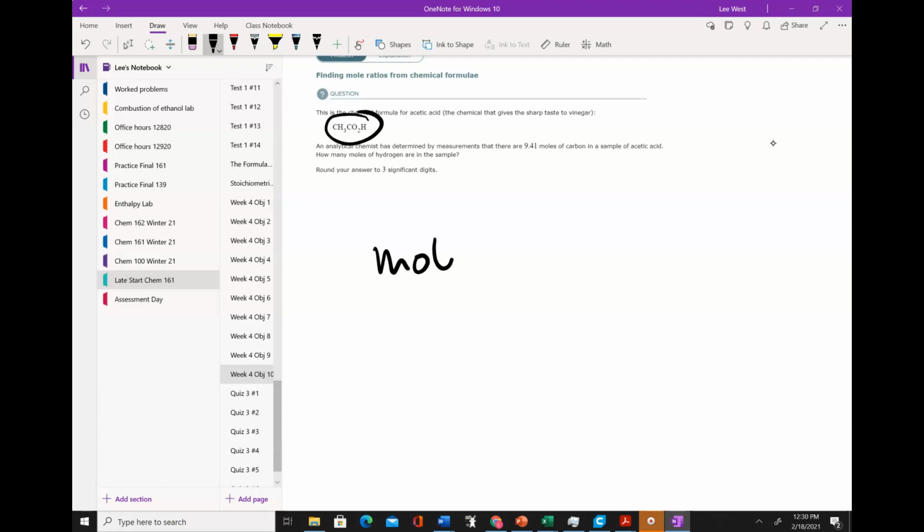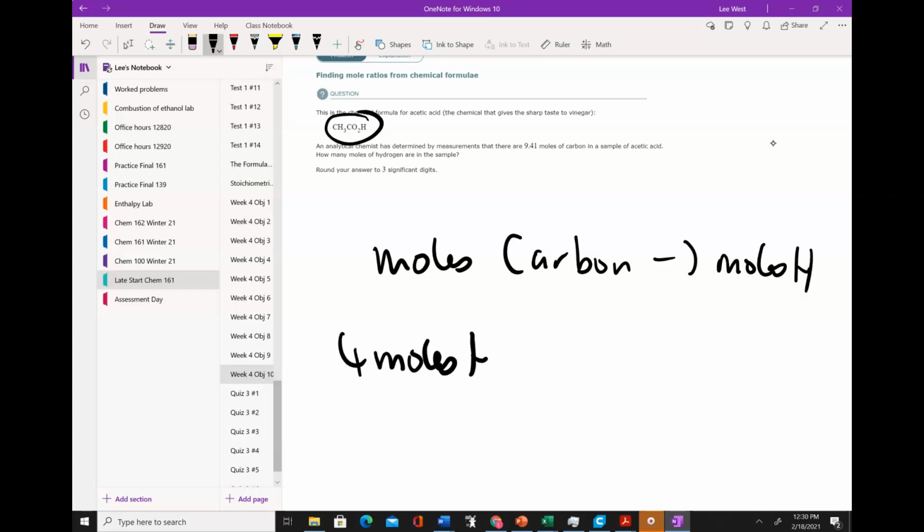We want to go from moles of carbon to moles of hydrogen. And how we're going to figure out our mole ratio is by looking at the formula. And what you can see here is that I get 4 moles of hydrogen, 1 plus 3, for every 2 moles of carbon, 1, 2.